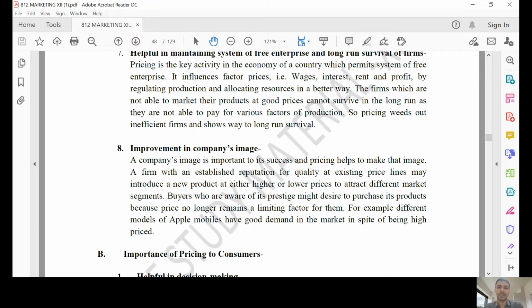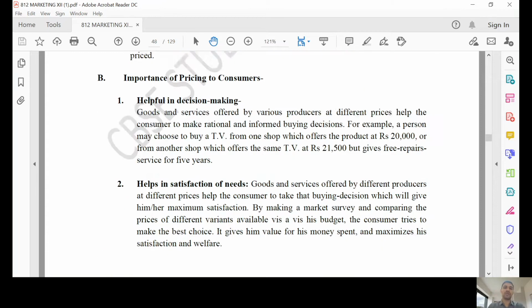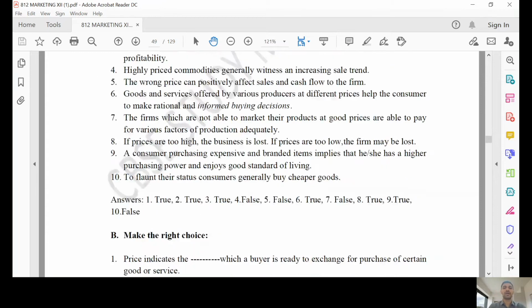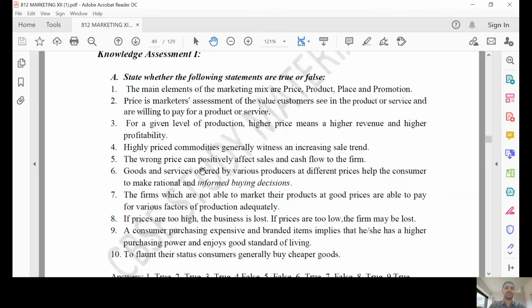So actually, a company which is always offering quality products can sustain in the market for a very long period. And many companies having higher quality are able to demand more price also. So these are all the importance of pricing to the firm as well as the importance of pricing to the customer.